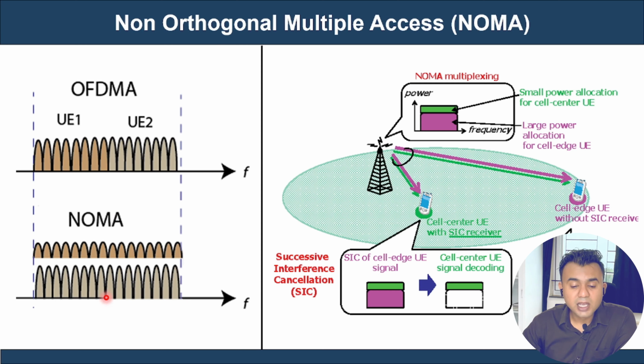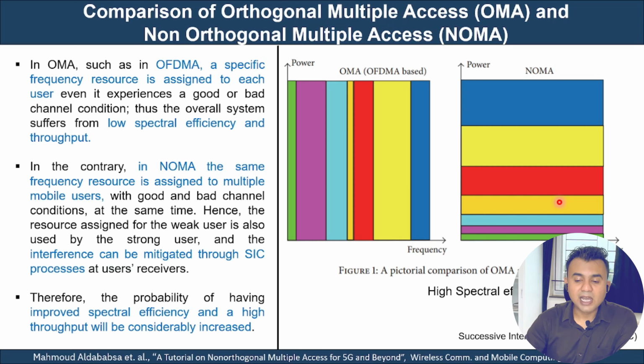What is the difference? The difference is I separate them in terms of power strengths, right? For user 1, which is located nearby the base station, I transmit lesser power. For user 2, which is located far away from the base station, I transmit larger power. And according to that, I can detect the signal by using successive interference cancellation, which is known as SIC.